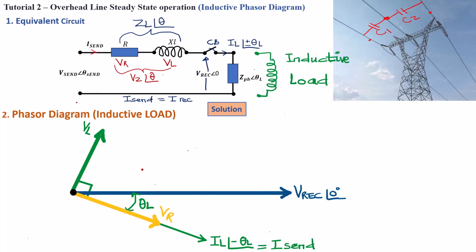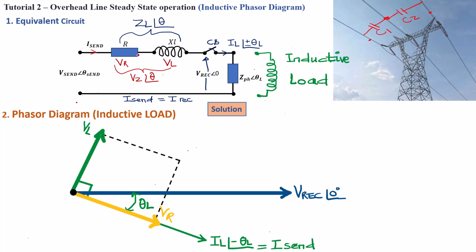Great. Now that we know the phasor of VL and we've also plotted the phasor of VR, we can very easily make an algebraic sum of these two phasors to make a projection of our VZ.